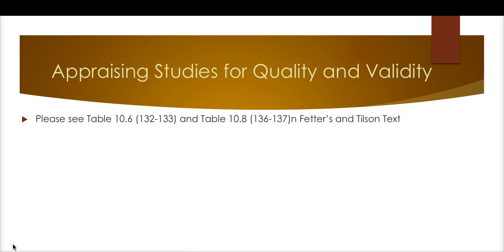So make sure you take a peek at table 10.6, which is on pages 132 and 133, as well as table 10.8, which is pages 136 to 137. This is all in your Fetters and Tilson's text. These tables provide exact questions of what you're looking at when you're appraising studies of validity and reliability.